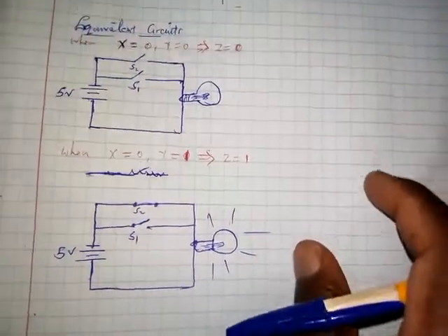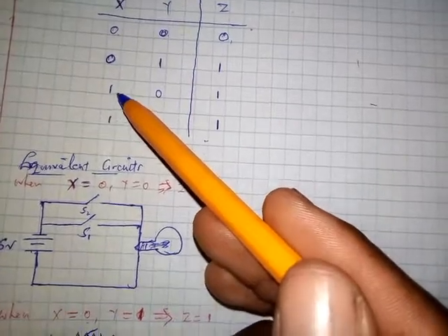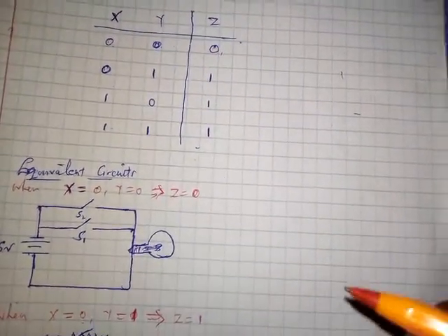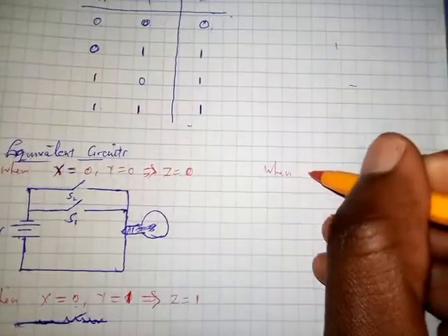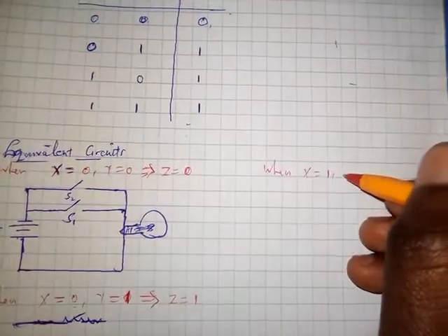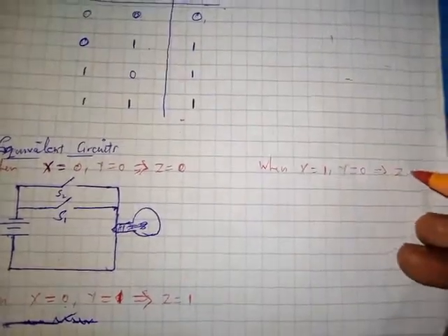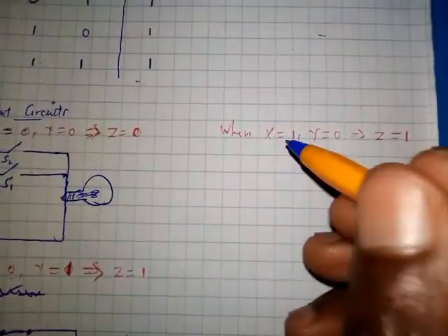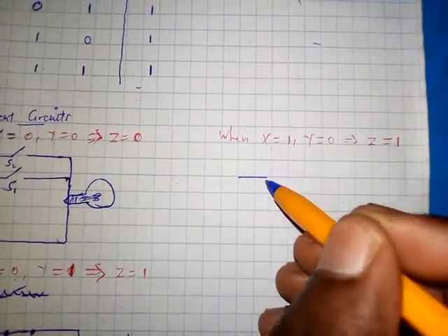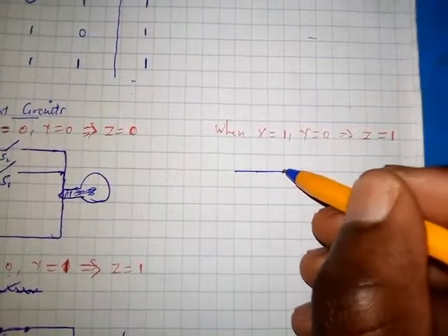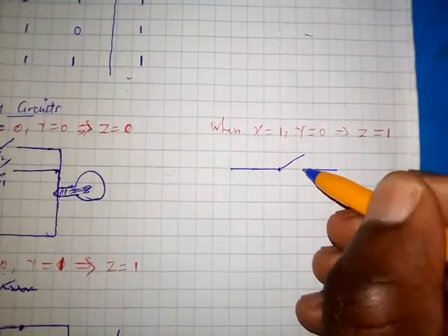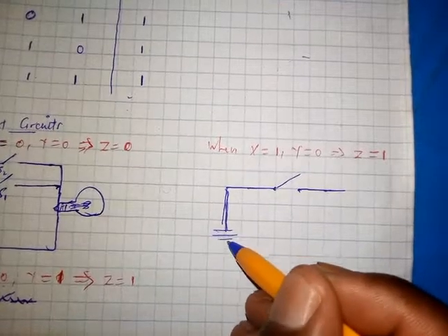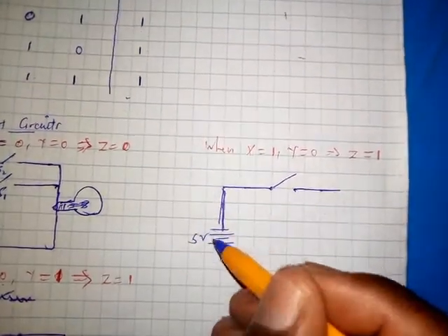Another equivalent circuit when X is equal to 1, Y is equal to 0, therefore Z will be equal to 1. I'm just sketching. 5 voltage.